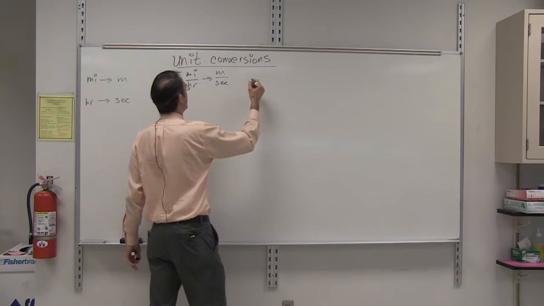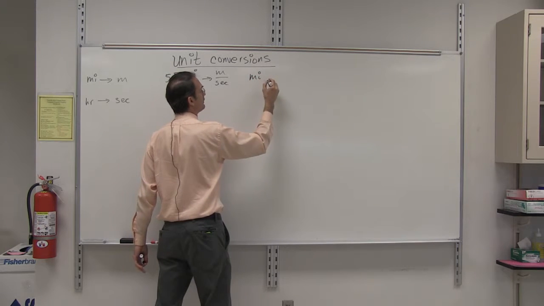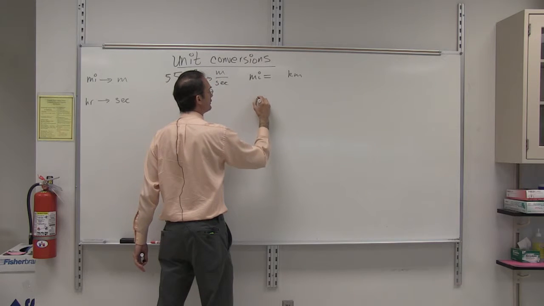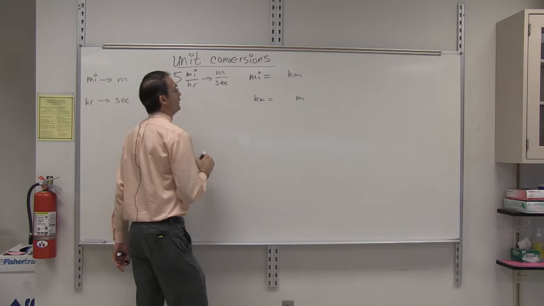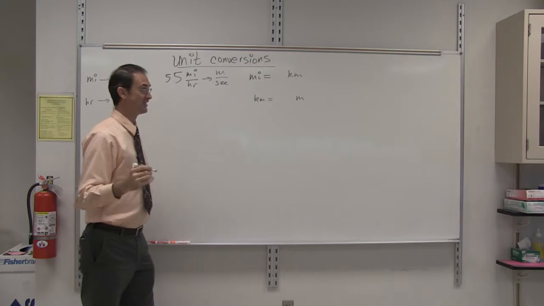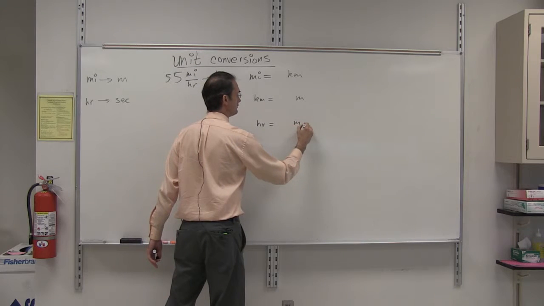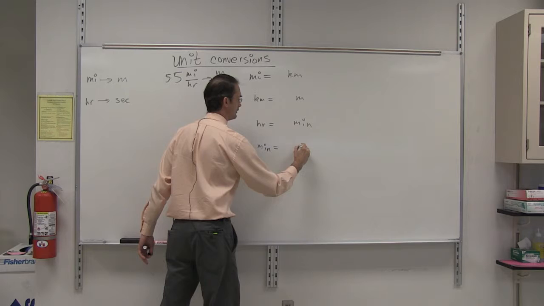First of all, we're going to have to convert miles to kms. Then we convert kms to meters. We also need to convert hours to seconds. Hours, of course, relate to minutes, and in turn, minutes relate to seconds.